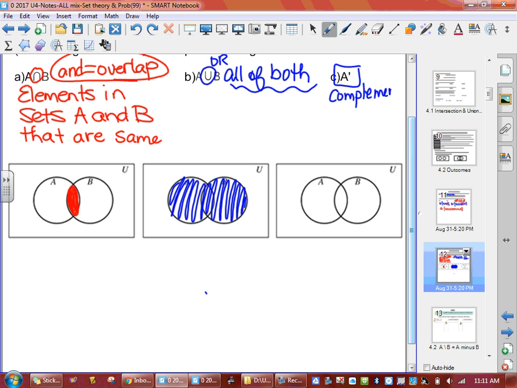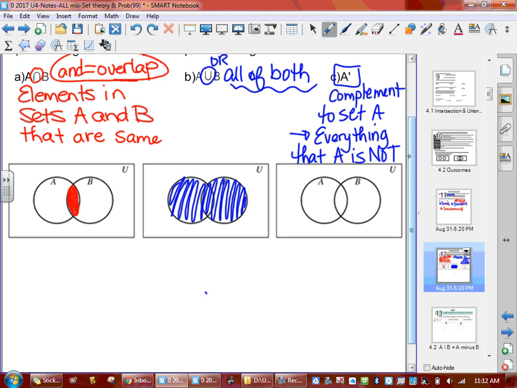Complement to set A. So we say everything that A is not. Everything that A is not. So now I'm going to shade everything except for the A circle.